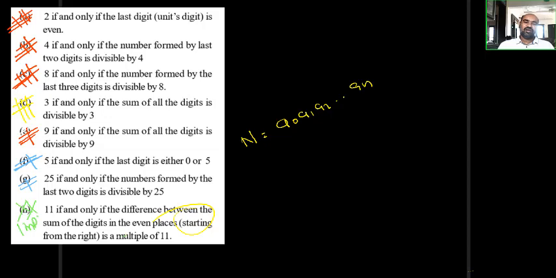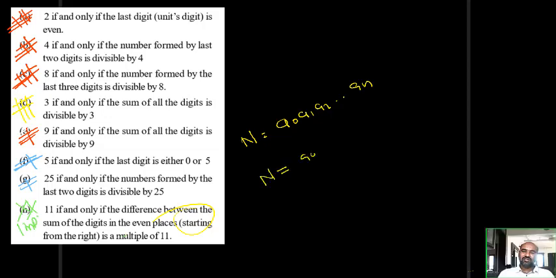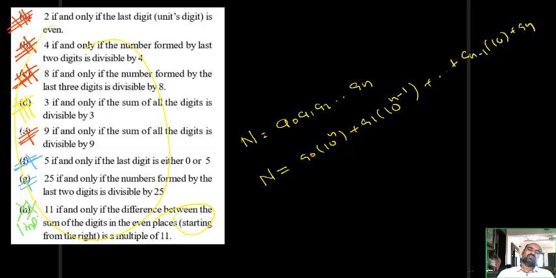For example, the number a0 a1 a2 and so on up to an, an n plus 1 digit number. This can be written as a0 into 10 power n plus a1 into 10 power n minus 1 plus so on plus an minus 1 into 10 plus an. So all these results I can prove by using this n plus 1 digit number also.